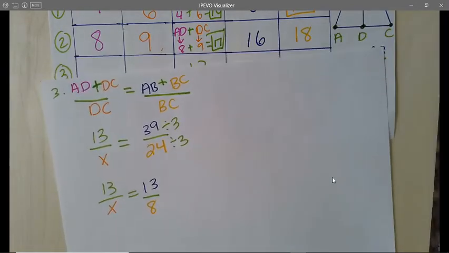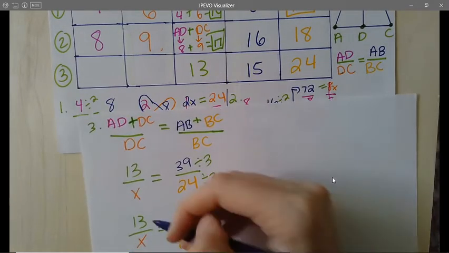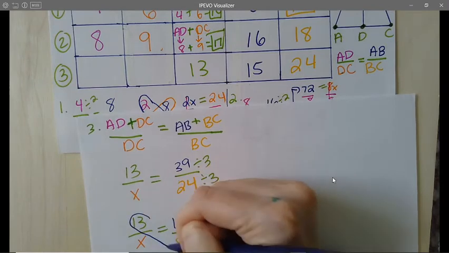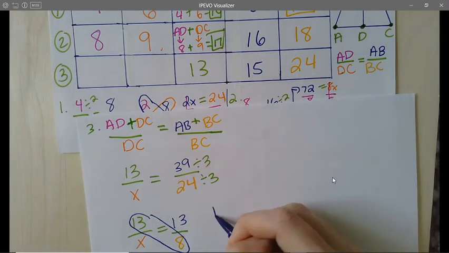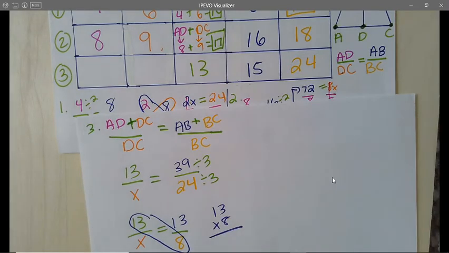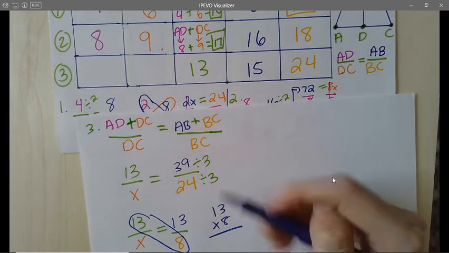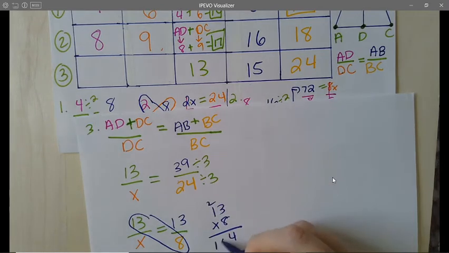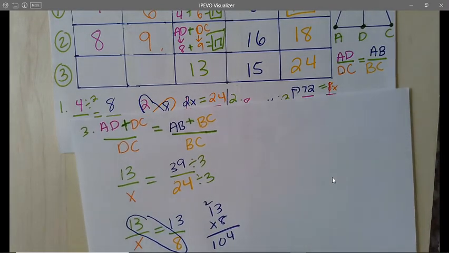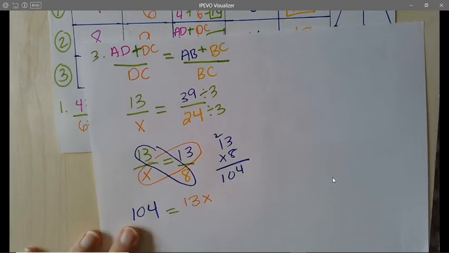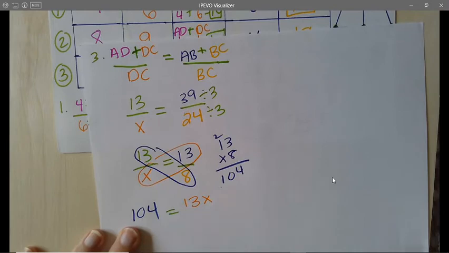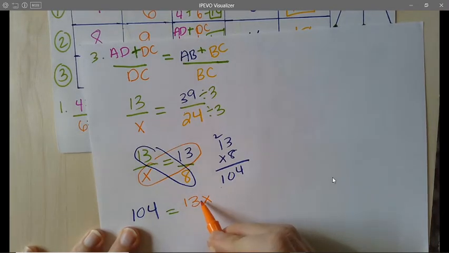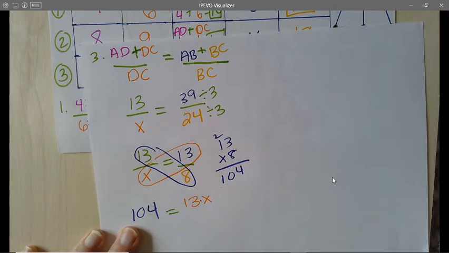So let's get going, you guys. We're cross multiplying, pros, so you got this. I'm going to do 13 times 8, which I don't know off the top of my head, so I'm going to do some little math over here. 13 times 8 will give me 104. So I have 104 equals 13 times x, which is 13x. Then from here you solve for x, and don't forget there's secretly multiplication in between the 13 and the x.